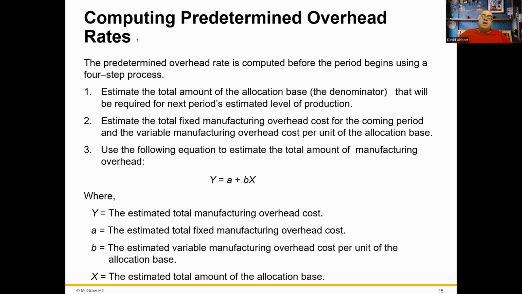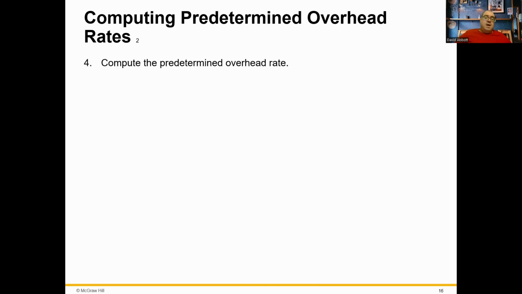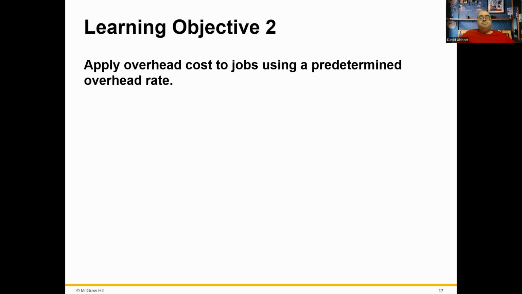A is the estimated total fixed manufacturing cost, B is the estimated variable manufacturing overhead cost per unit of the allocation base, and X is the estimated total amount of the allocation base. So X would be the number of units or the number of hours or what have you. And then fourth, you would go ahead and compute that.